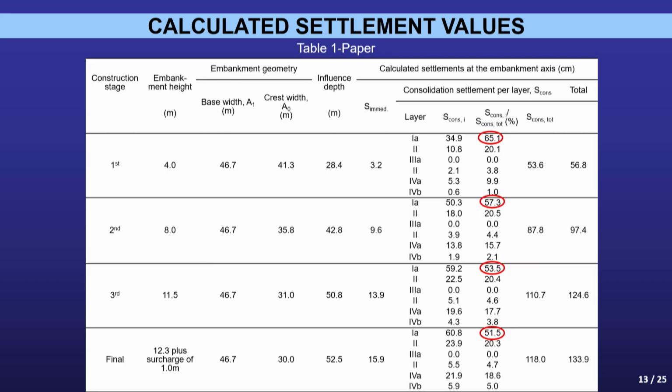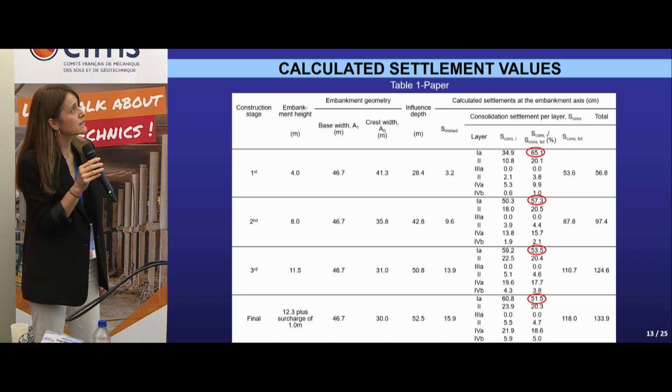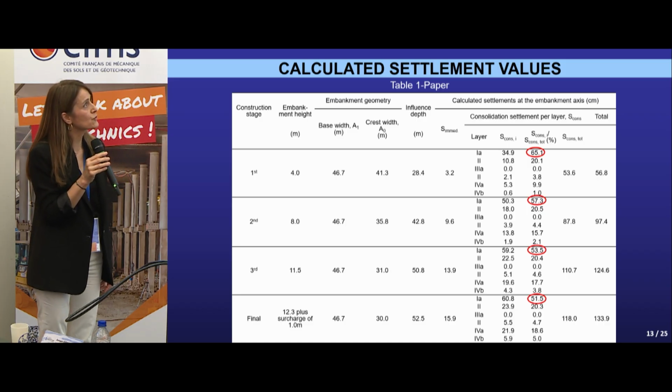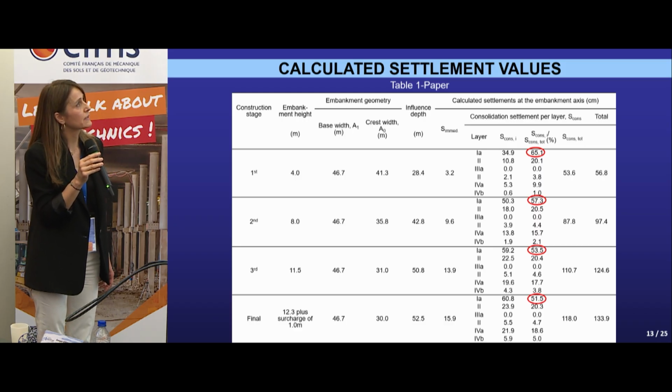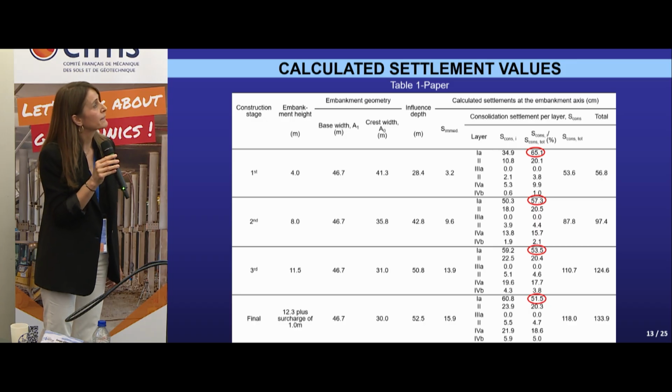Here you can see, I hope you can see, because of the size, the settlements we have calculated for each construction stage, and you can see here the contribution of each layer in terms of consolidation settlements separately.